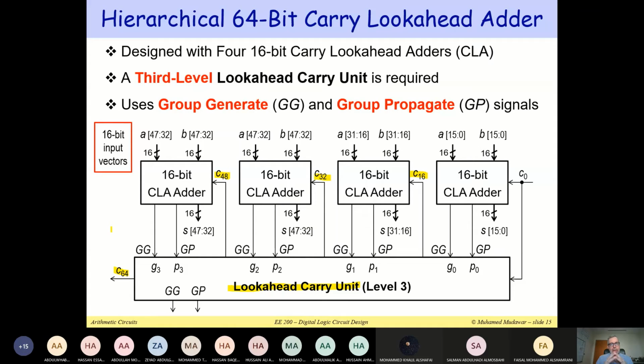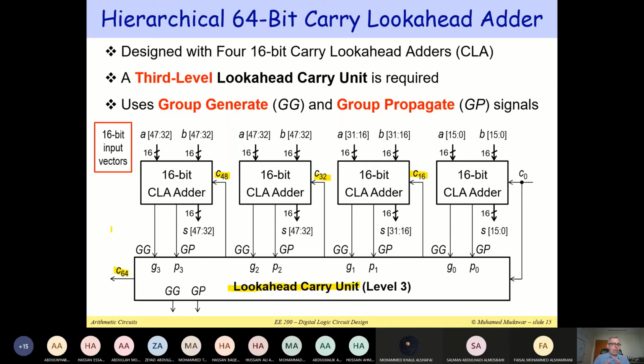So it's a 3-level carry look ahead adder to implement a large 64-bit carry look ahead adder. This is what really exists in computer systems today. You have a very fast adder that can do the action very quickly.